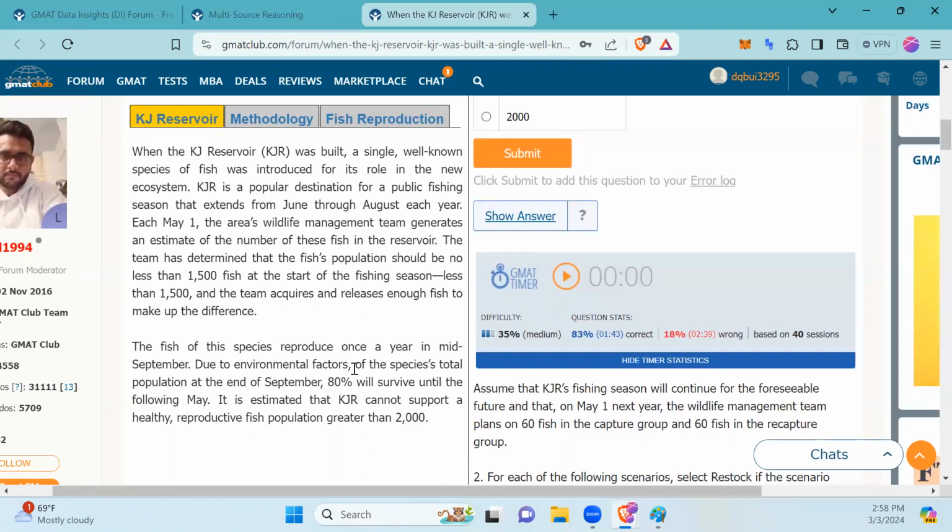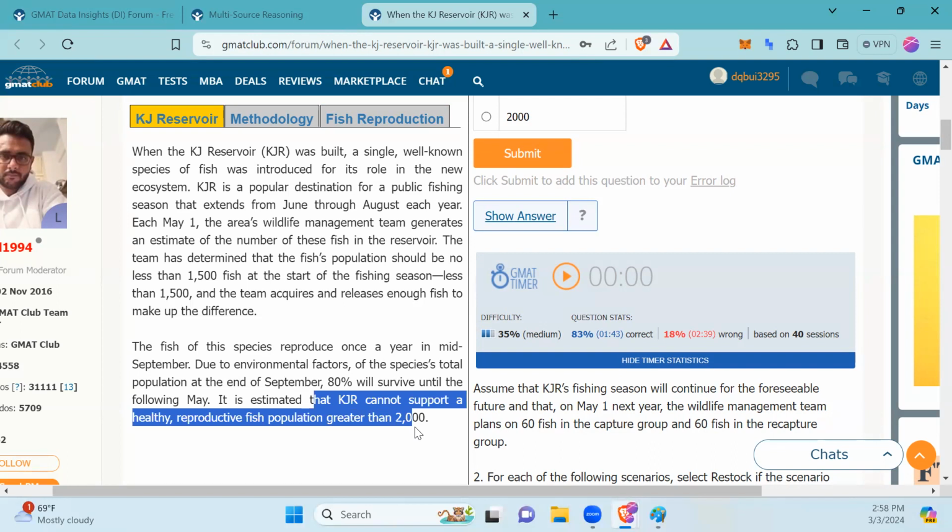Mid-September is the breeding season for these fish. After the breeding season, at the end of September, 80% will survive until the next May, when the researchers check the population again, and the lake cannot support more than 2,000 fish.